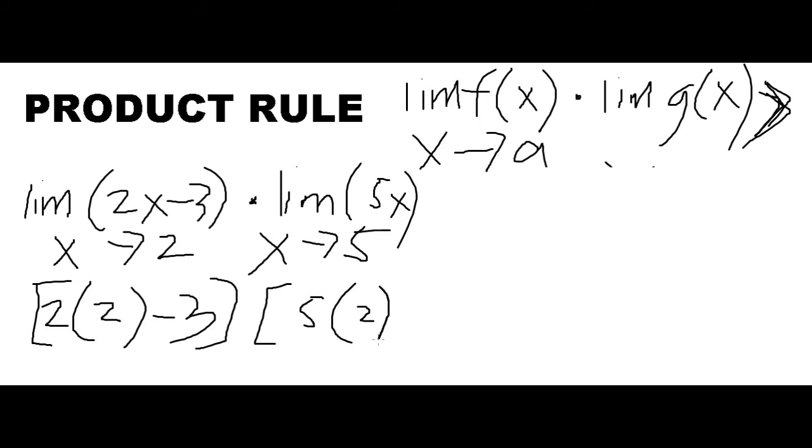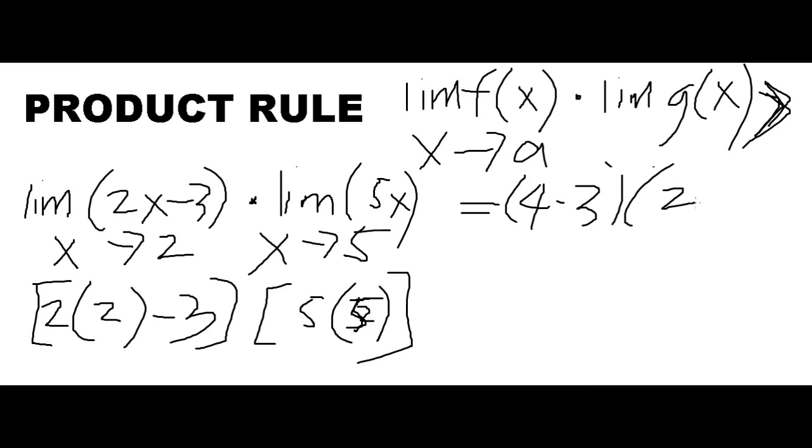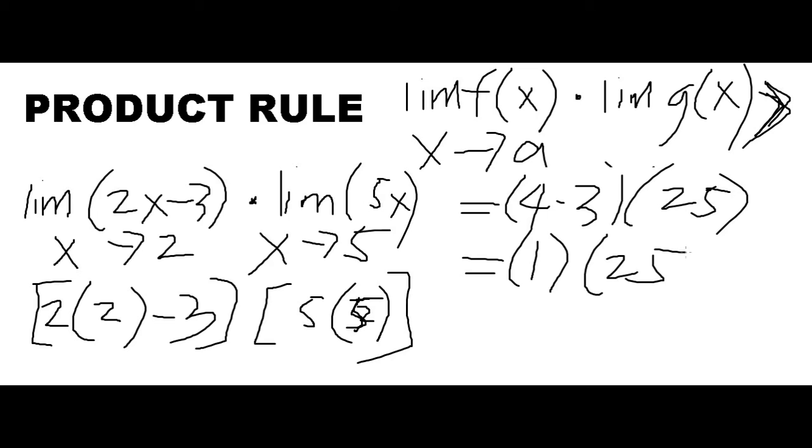So, we have 2 times 2 minus 3 times 5 times 5. 5 yan, guys. So, compute na natin. 2 times 2 minus 3. So, unahin muna natin yung 2 times 2.